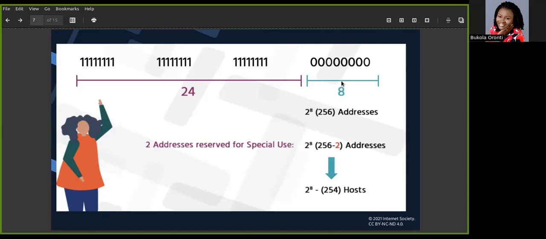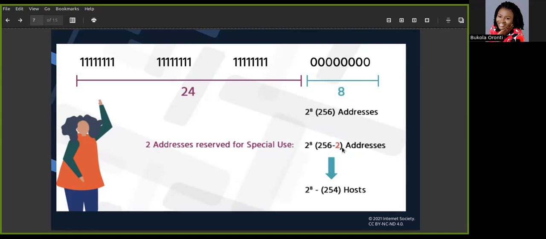This 8 helps us to know, okay, this is the host. So 2 raised to the power 8, 256 IP addresses are available within this network address. Now, can we use the whole of these 256, allocating IP addresses to 256 hosts for that particular LAN? No, you have to remove 2. Why?